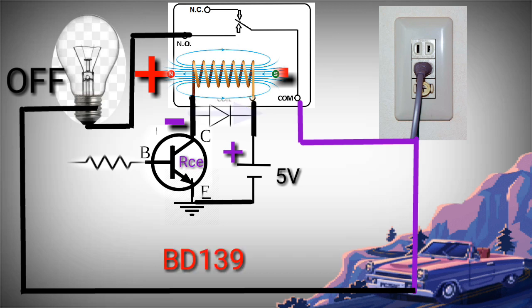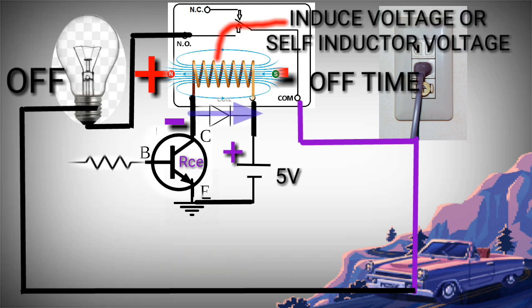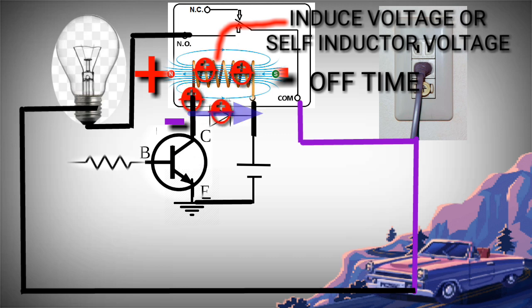So when the diode is forward biased, the current from the inductor flows into the anode of the diode, goes out to the cathode, and goes back to the negative side of the coil.